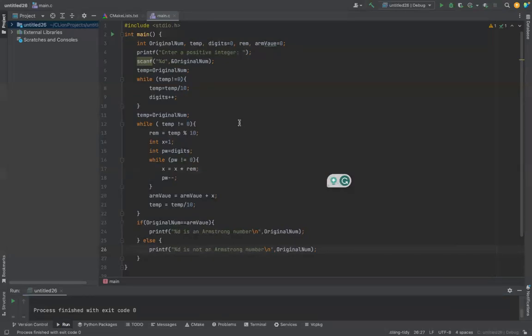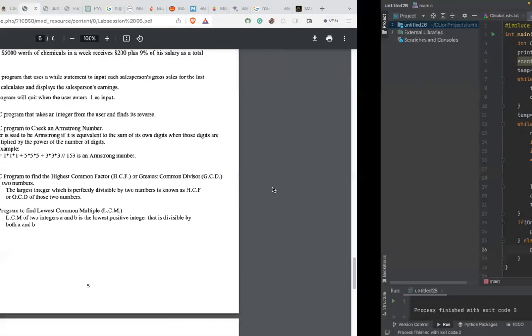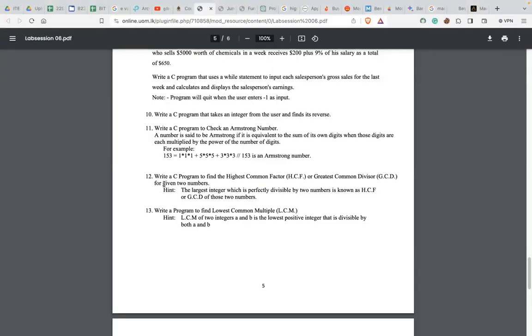The question you asked, 11 and 12. 12 means you need to find the GCD value.